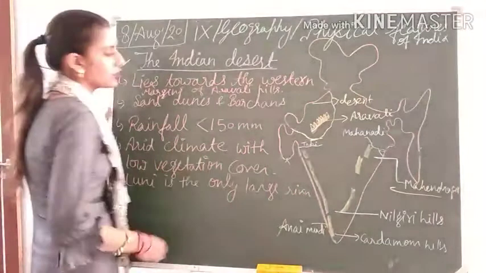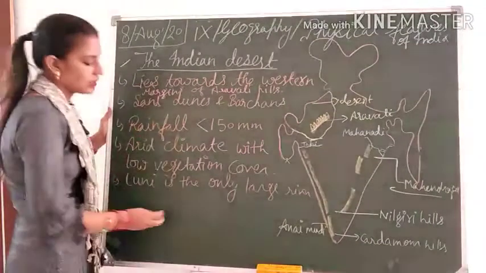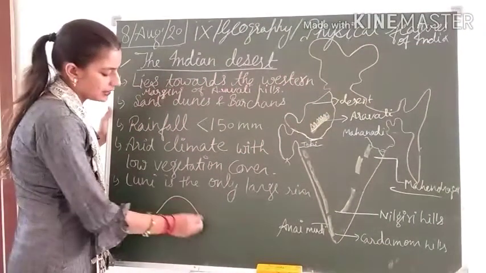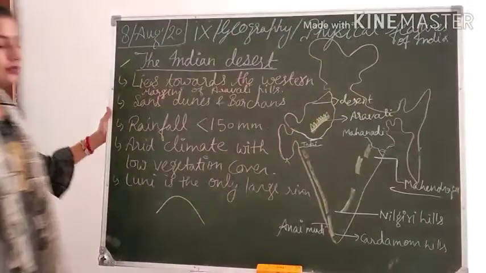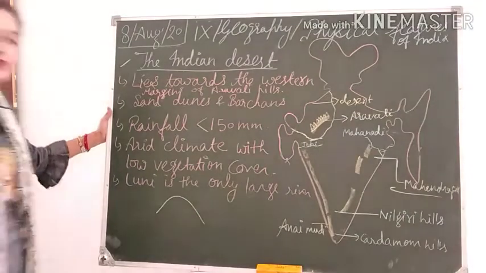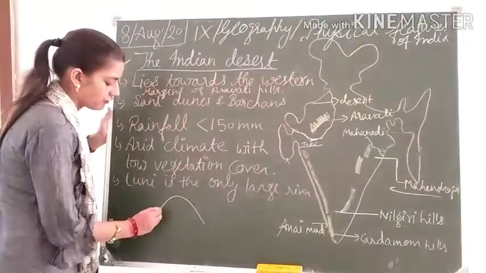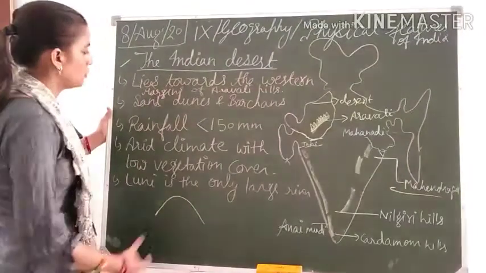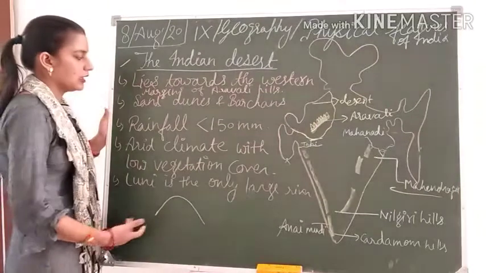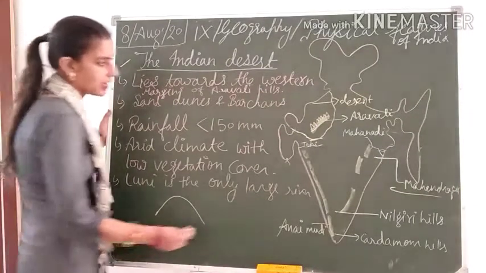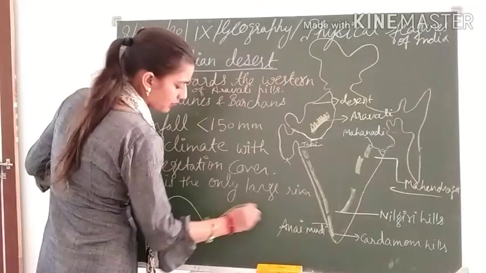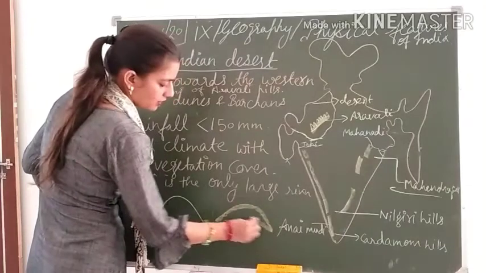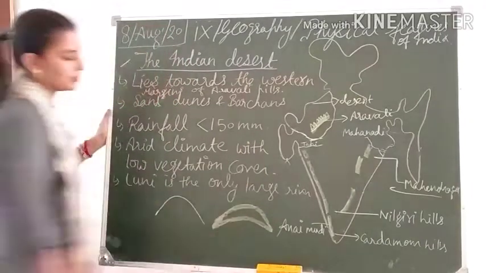Sand dunes and barchans. Sand dunes are simply small hill type features, very small, which are made by the wind. These are called sand dunes, and barchans are crescent shape features.